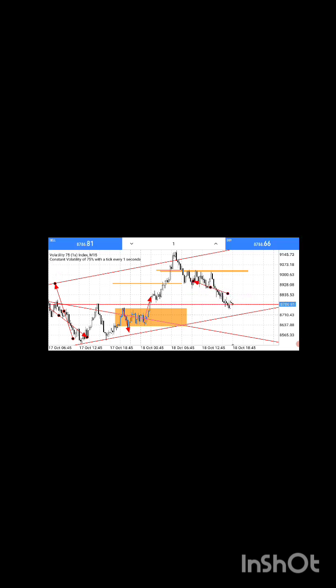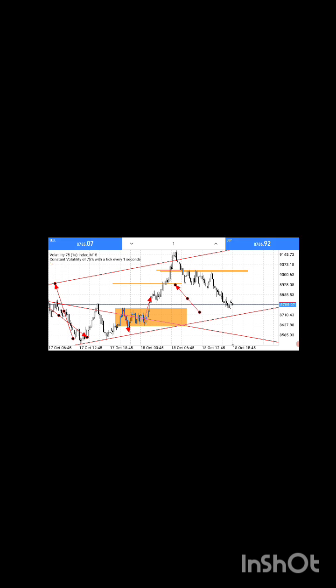They will be in the same direction. So that's a kind of advanced meaning of rally base rally, drop base drop, and all of that. Okay, so that's good. All these things are experienced in trading.